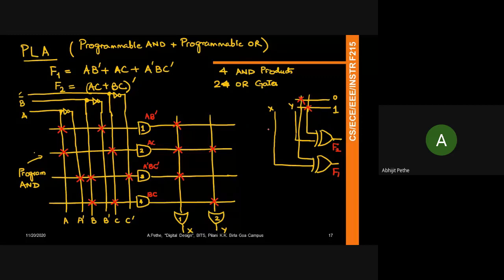Now, obviously, they are limited in that you can't generate any function of A, B, and C, right? In this kind of PLA where you have only four AND gates and two OR gates, the function you generate has to have a maximum of four product terms. I can't generate any function which has more than four product terms in its simplified version, right?